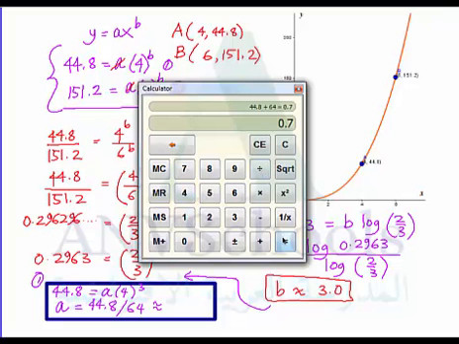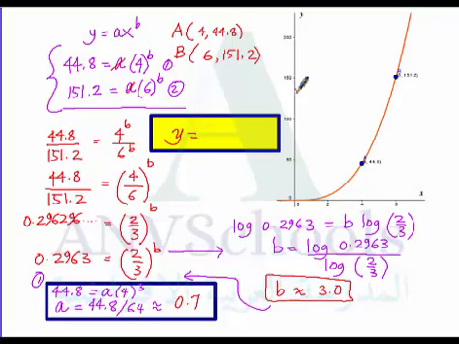That gives us 0.7. Okay, so now we are done with getting our a and b. So our a is 0.7 and our b is 3.0. So we will have 0.7 x raised to 3. So it's a power function, it's a cubic function, and it's 0.7 x cubed. So this is our equation.